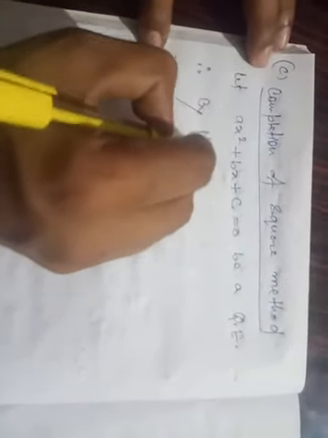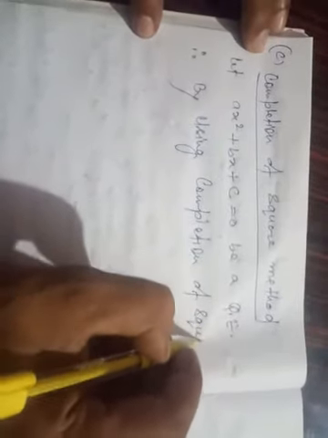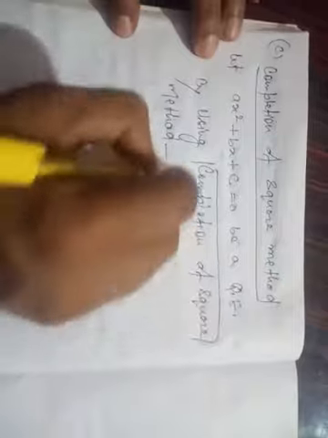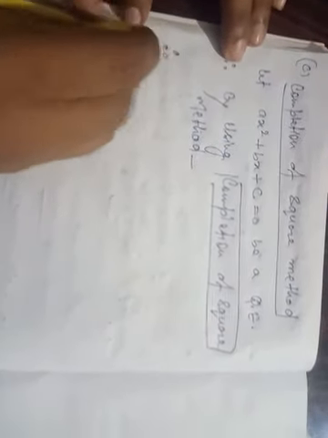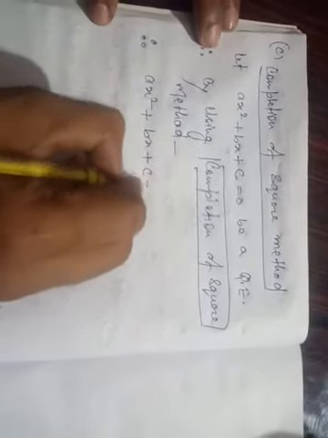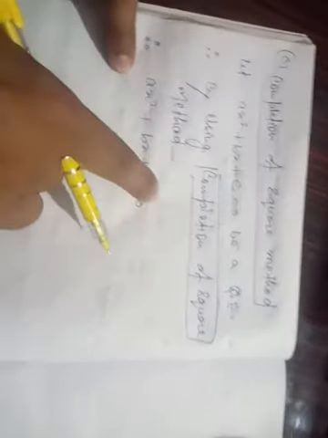Hence, we have ax square plus bx plus c is equal to 0. Whatever steps I am doing here in the general quadratic equation, you will repeat the same process in the questions as well.